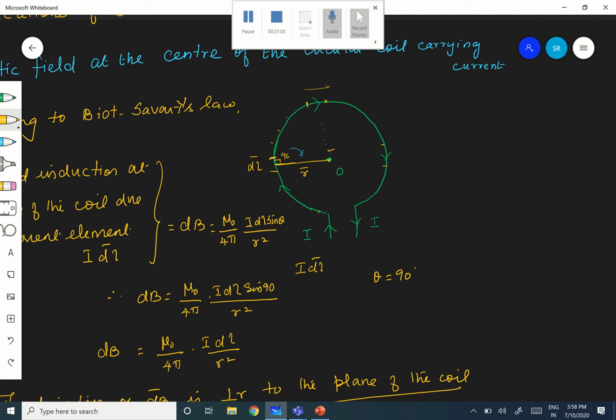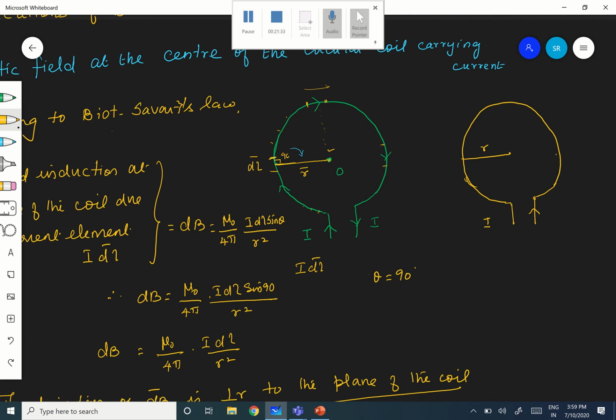And if the direction of the current is not like this but anti-clockwise, let me draw it. Here it is I, it is R, but the current is in the anti-clockwise direction.